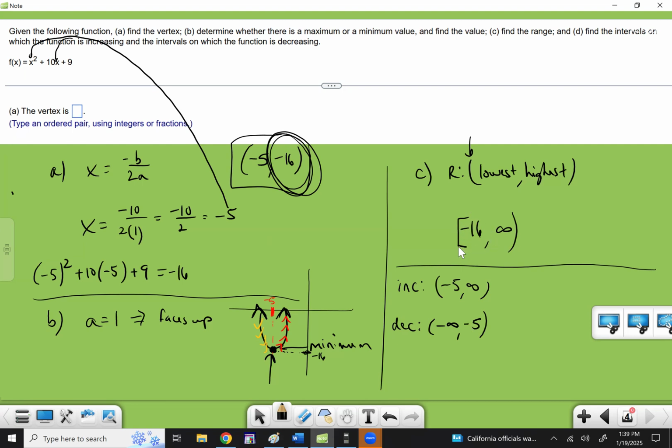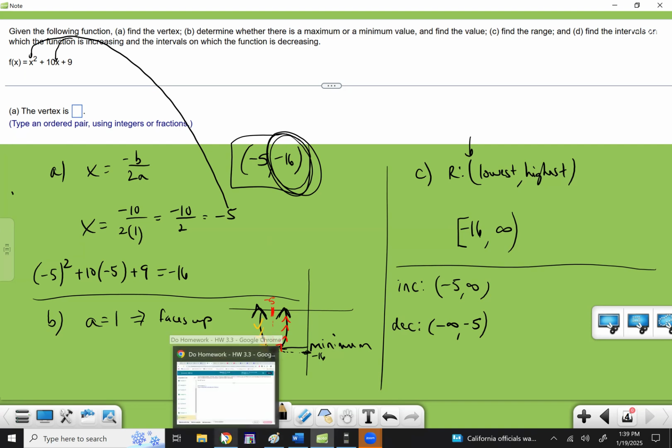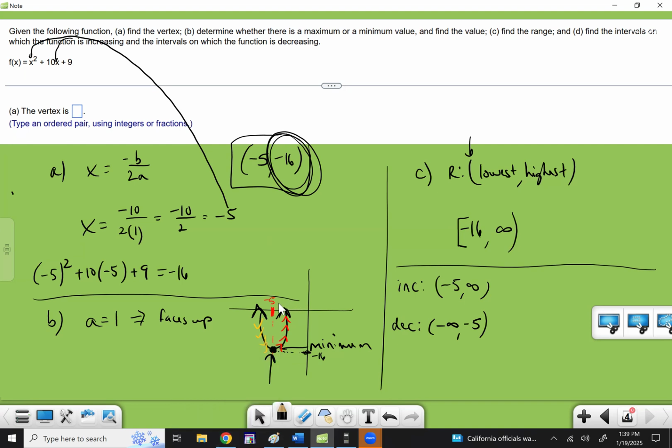We use the y value to get the range, and we use the x value to figure out when we switch from increasing to decreasing. So it's really important that we can find that vertex, and then having a picture says it all. I always like to draw a picture to really understand how to use this vertex to get all these answers. All right, you guys, good luck on your number 10. Thanks for joining me.